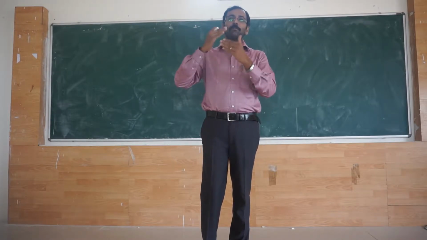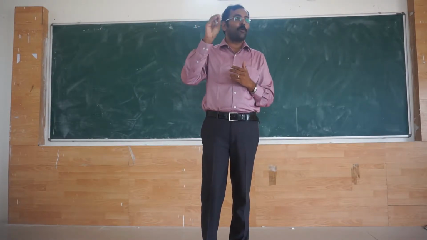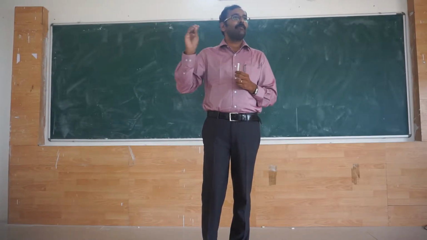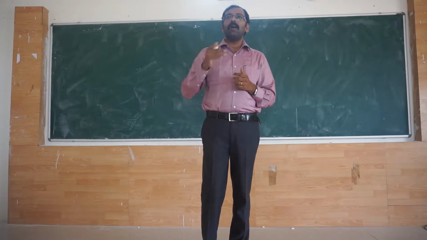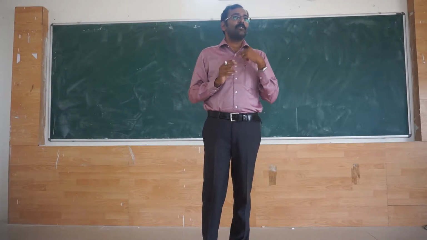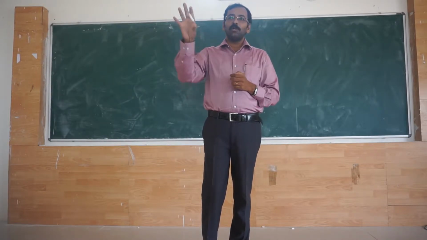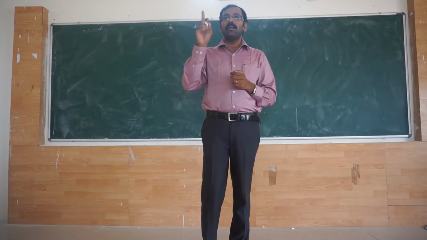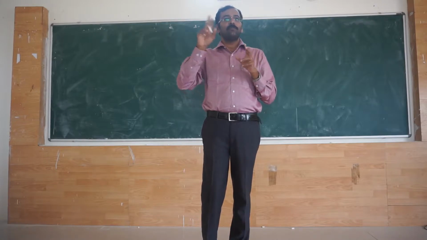Next, processing the input. After getting the input, you have to process the input, right? Now I am giving two values to you, 5 and 7, and I am telling you to add 5 and 7. So this is my instruction to you, right? You receive the command from me, and your brain has to process the addition. So 5 plus 7, sum 12.